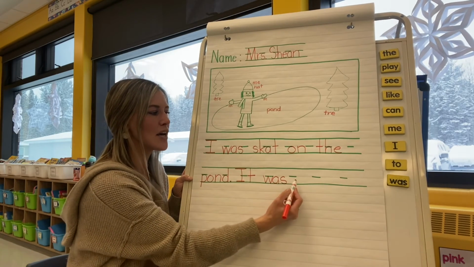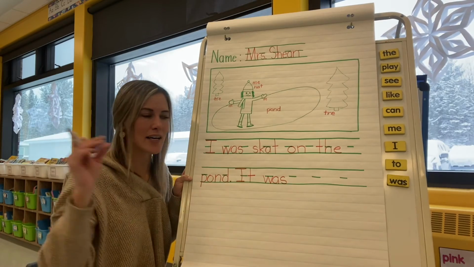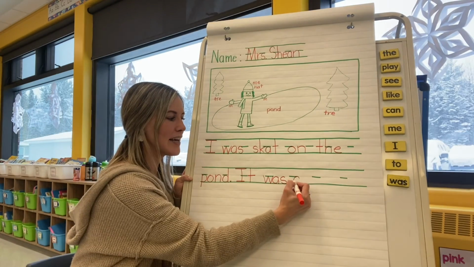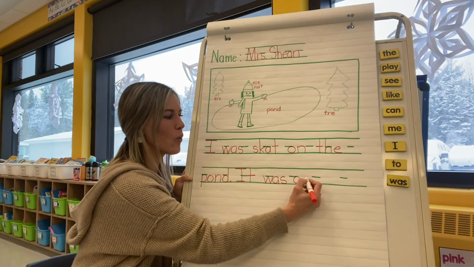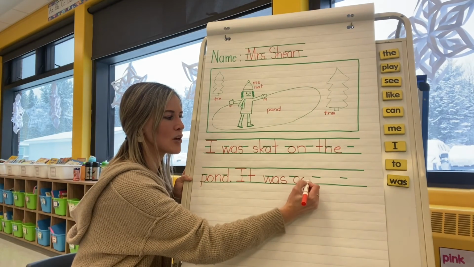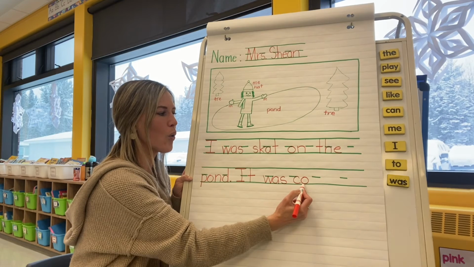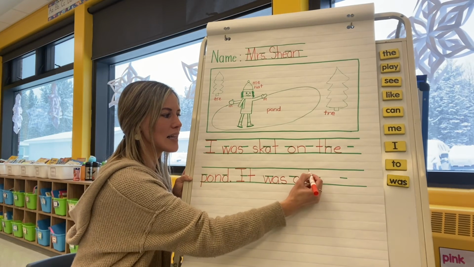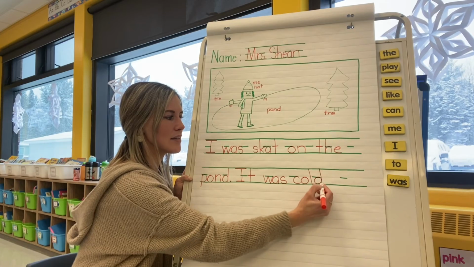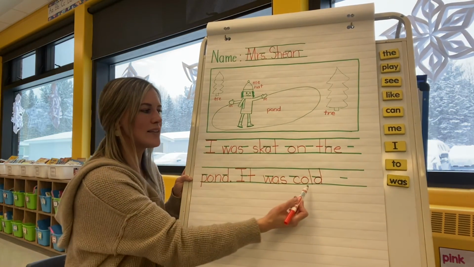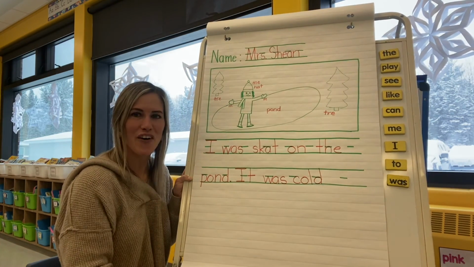It was cold. Could be a C or a K. It is a C. It was O. It sounds like an O. We know sometimes O says its name. O, L, D. D. Good. It was cold. Is that a full thought?